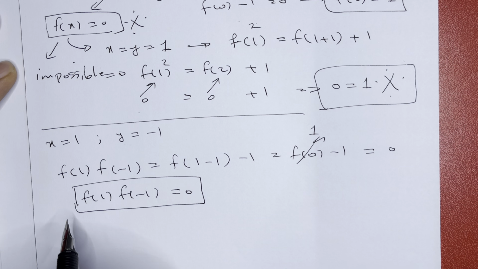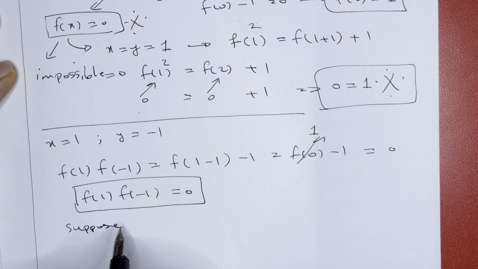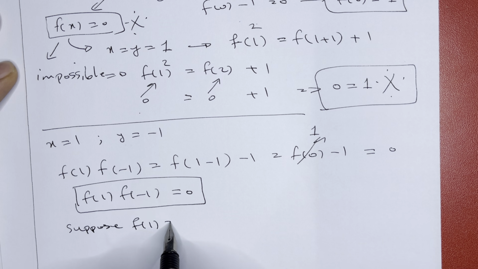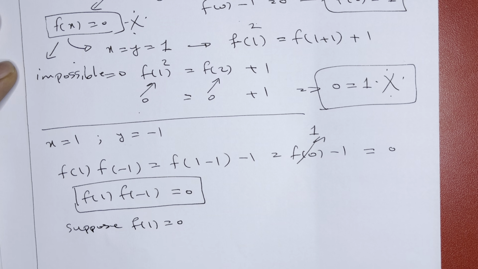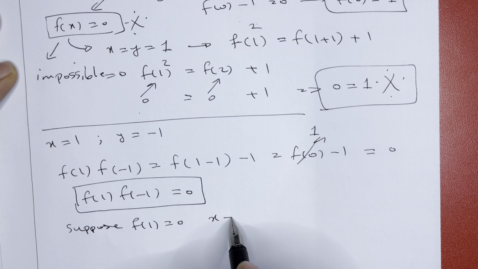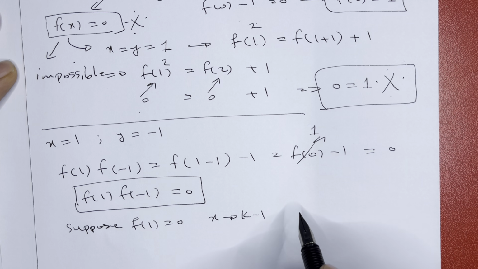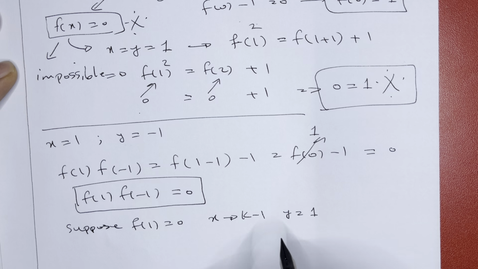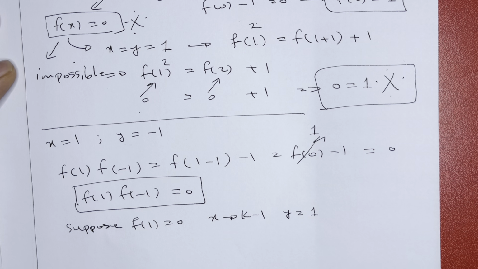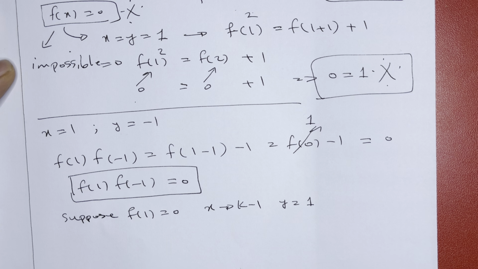Suppose that f(1) is 0. Then, instead of x, I'm going to put another variable like k - 1. There's a motivation behind changing the variables, and y is going to be 1.